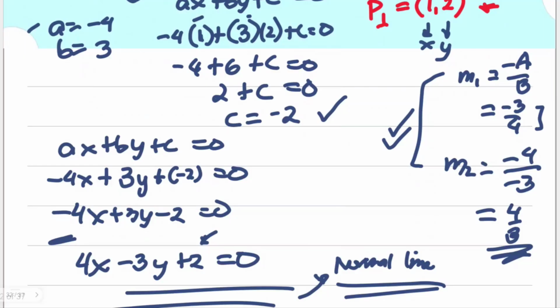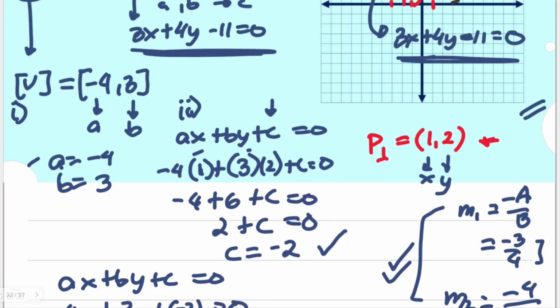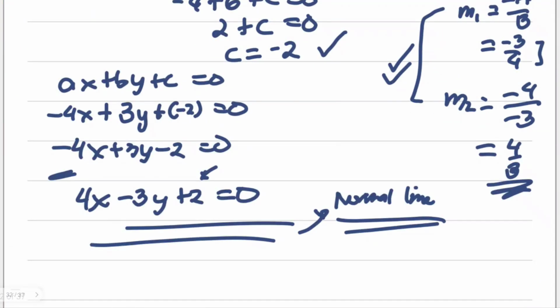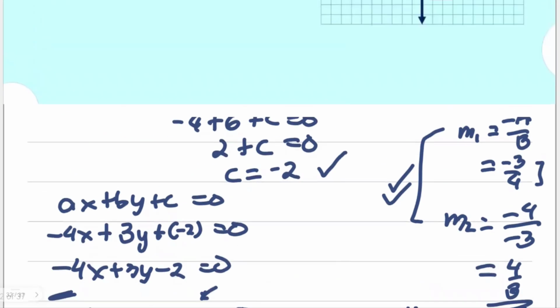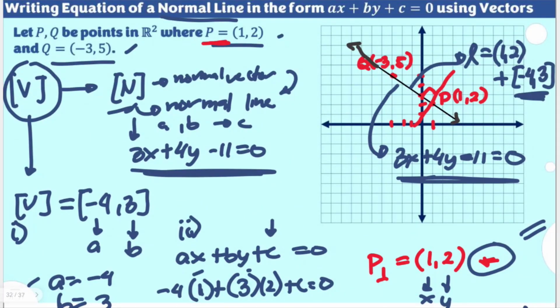And since this passes through the same point P, 1 and 2, this is now the correct form of the equation of the normal line in terms of ax plus by plus c is equal to 0. So again, before going to this, we need to understand that in the previous video of writing the equation of a line, from a vector, we go to the normal vector and use that for the a and b coefficients.